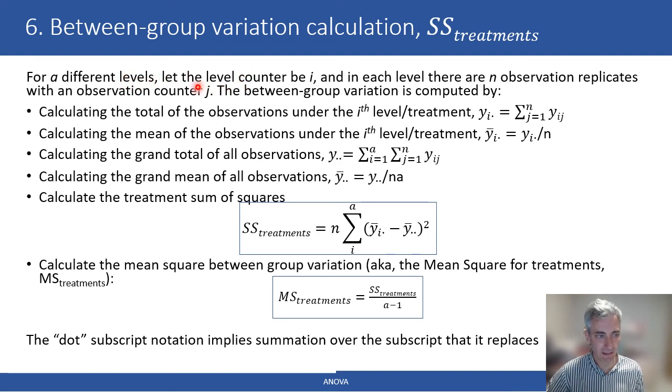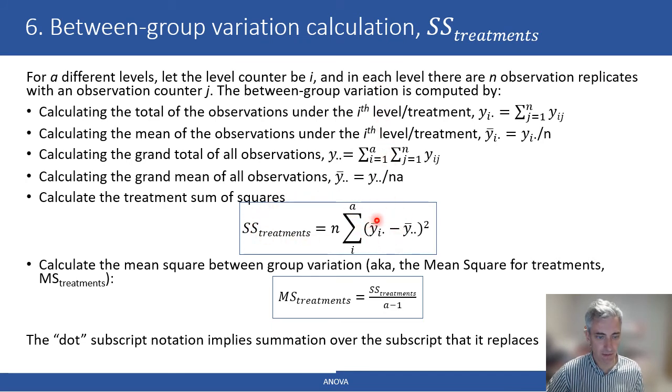We can define a group index to define which group we're looking at, which is i. Then within each group we will have n different measurements or observations. Then we can apply this equation.